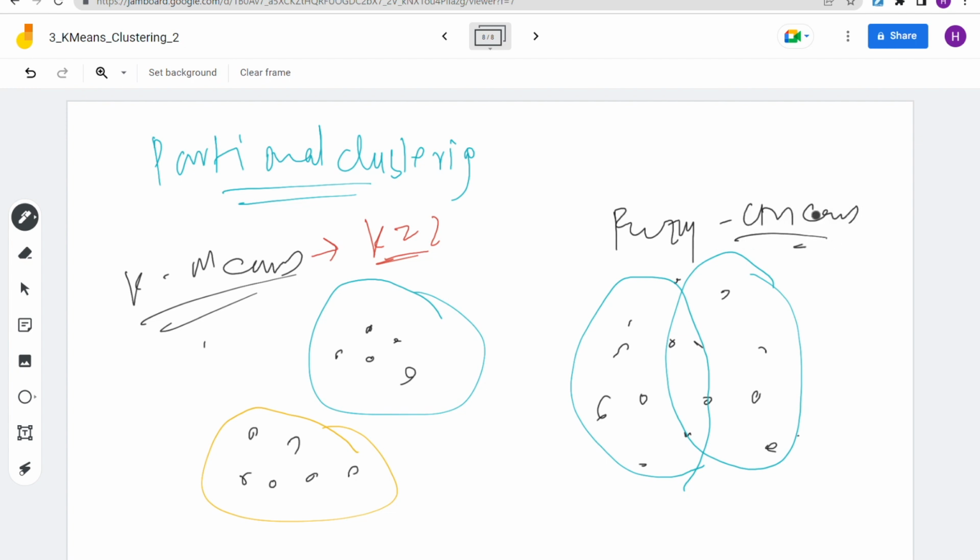Can you observe what's the difference? If you make a keen observation, you find that some of the points are overlapping. This kind of thing is permissible in fuzzy c-means, but it's not happening in k-means. K-means makes distinct boundaries and fuzzy c-means has overlapping boundaries.